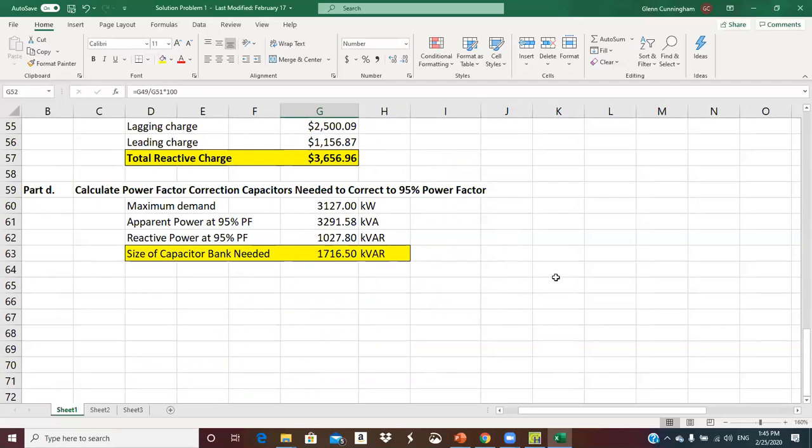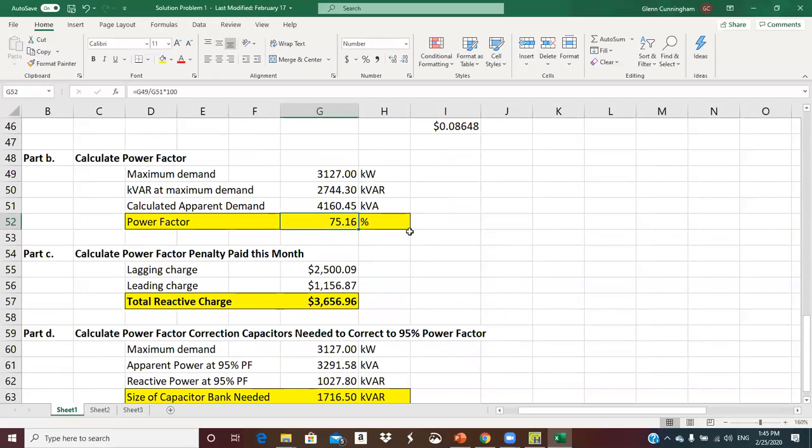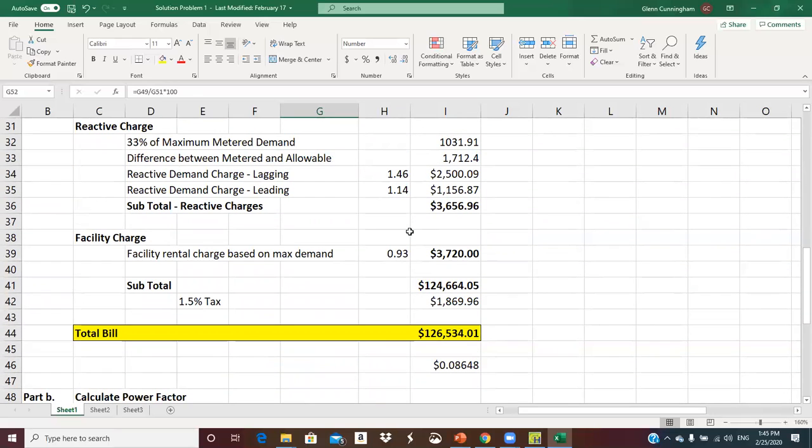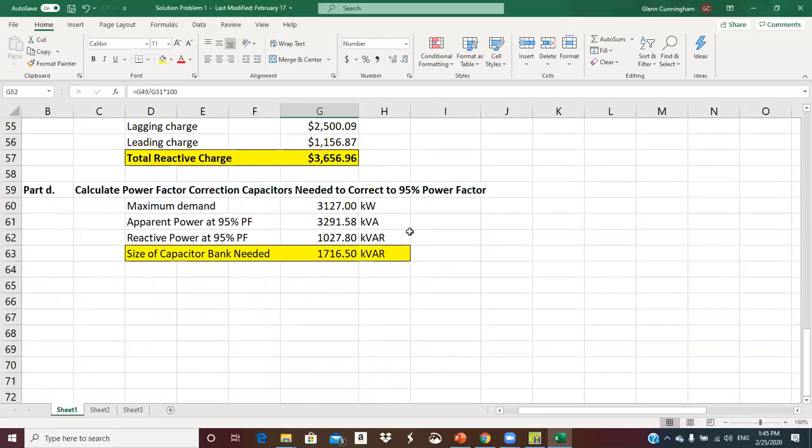That's the penalty. I put it on here twice, I guess. And then to correct, I guess I went back through. Let me look at something. Where's that 0.33? 1031. Yeah. Instead of the 0.33, I actually did the power triangle on this one. It came out a little bit different, 1027.